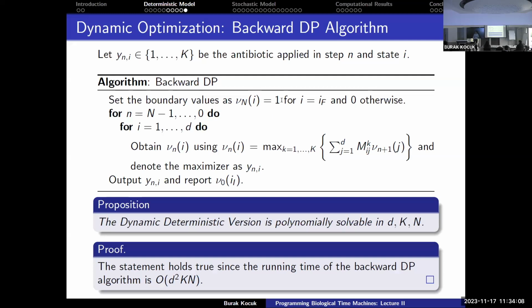There's nothing exponential. So that's very good, and you can solve the dynamic problem. Maybe some of you may have heard of Markov decision processes. This is an example of a Markov decision process, which has finite states, so the number of states doesn't change. That's why you can solve it.